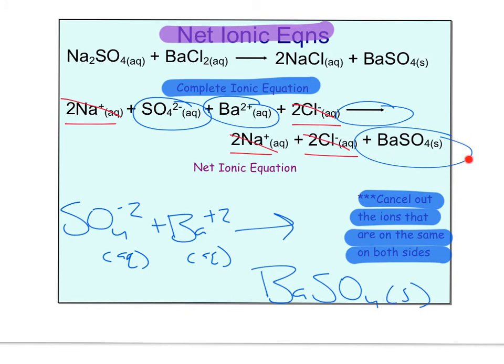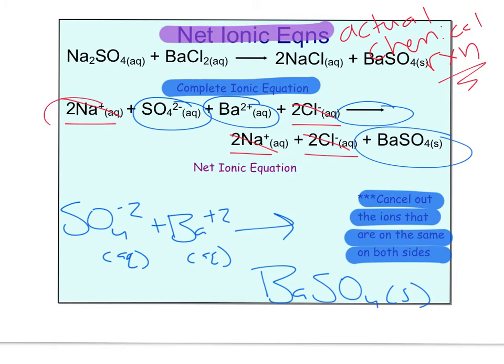So I made a solid, and these are the 2 ions that made that solid. So what I just figured out was the net ionic equation essentially tells me the actual chemical reaction that's going on.